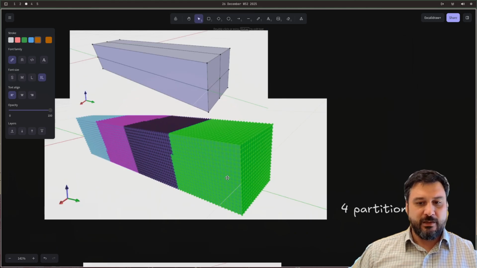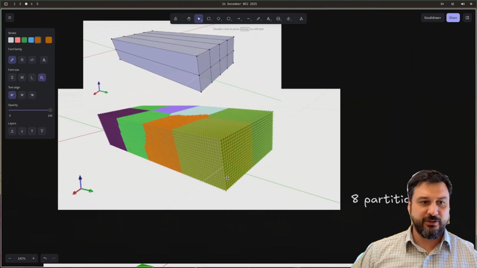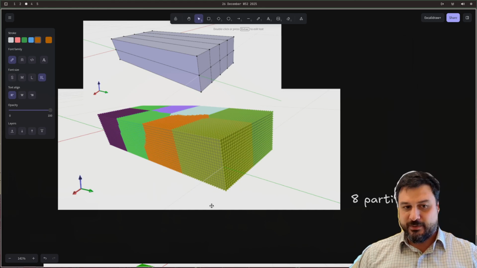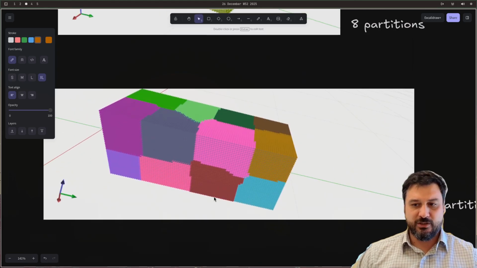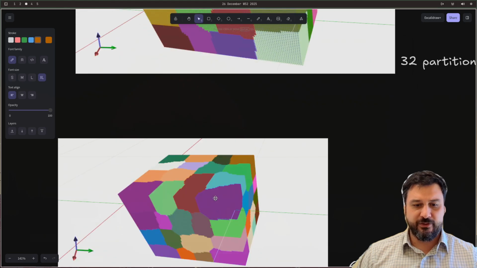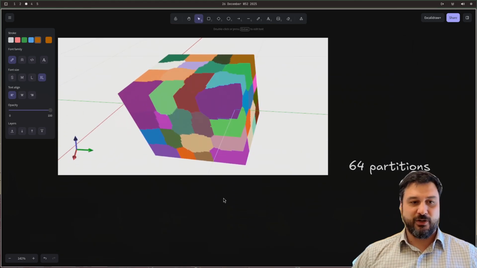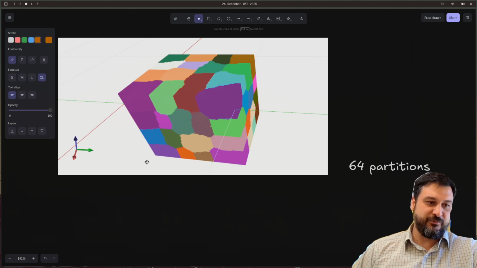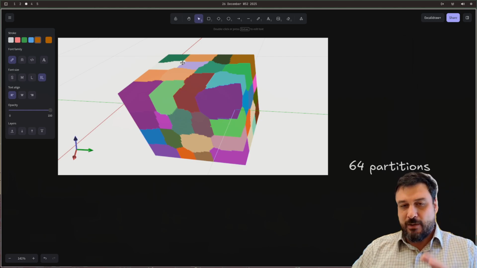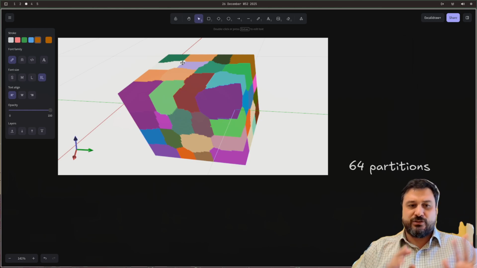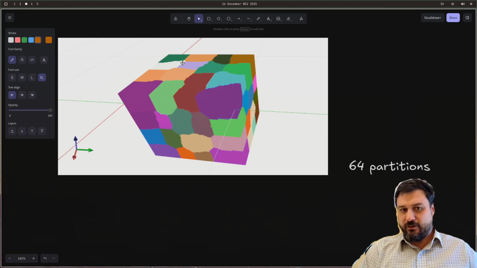Okay, then we go to 4 partitions, then 8 partitions. So we're keeping the number of elements per core approximately the same, and we end with 32 and 64 partitions. This is a beam, fixed here, and I'm not caring about the physical meaning of what's going on here.